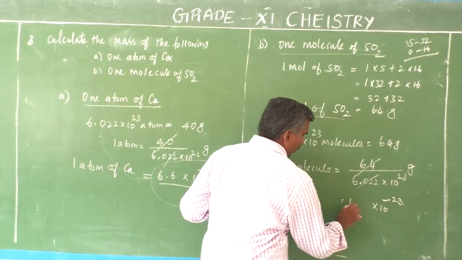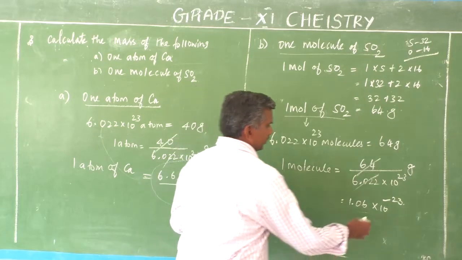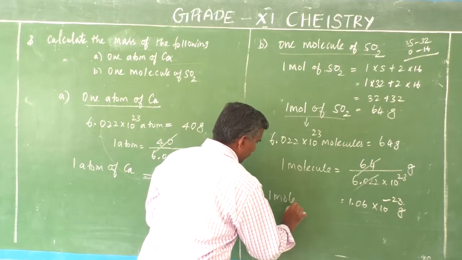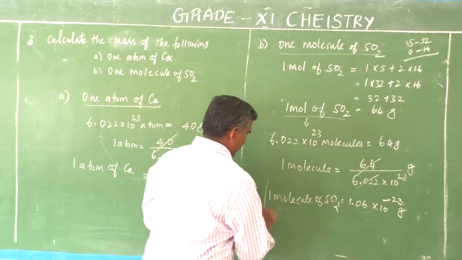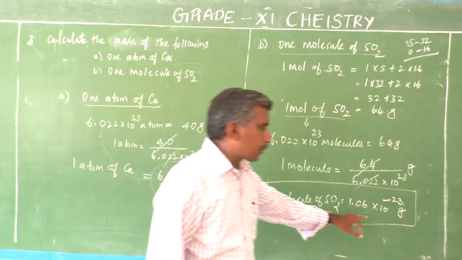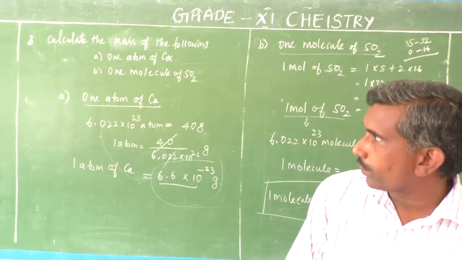Cancel, that is 1.06 gram, 10 power minus 23 gram. So 1 molecule of sulfur dioxide weighs 1.06 into 10 power minus 23 gram. Okay, this is the third sum.